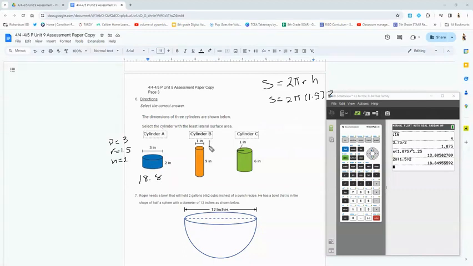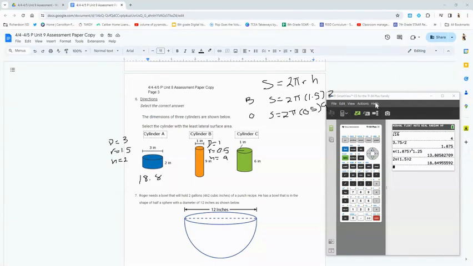Now we're going to do this one. So I have my diameter as 1. So that means my radius is going to be 0.5. And I have my height, which is 9. I'm going to do this with the blue and put B for blue. This one's going to be orange. And I'm going to do S equals 2 pi, and we're going to have 0.5 here, and then this is going to have 9.